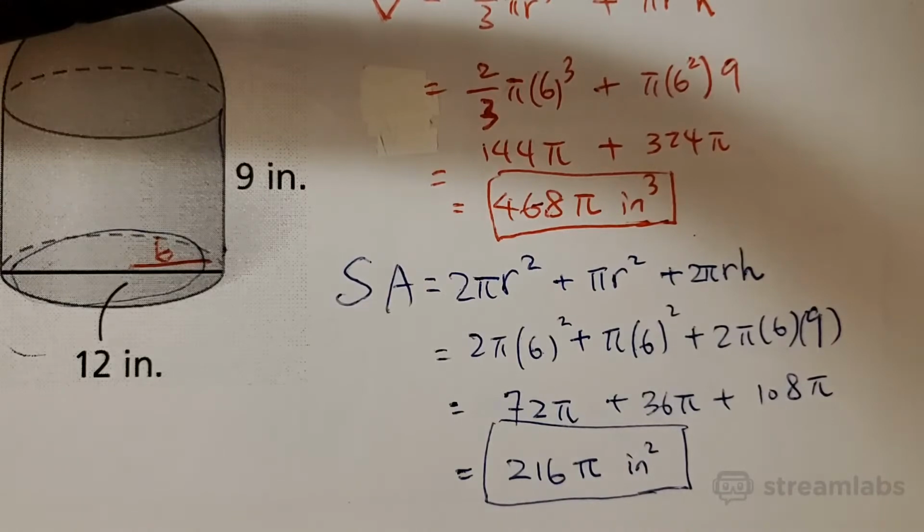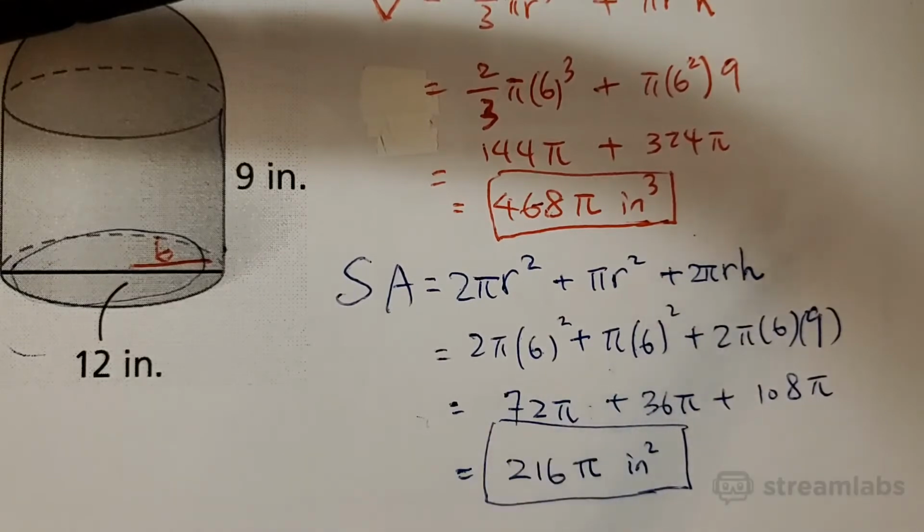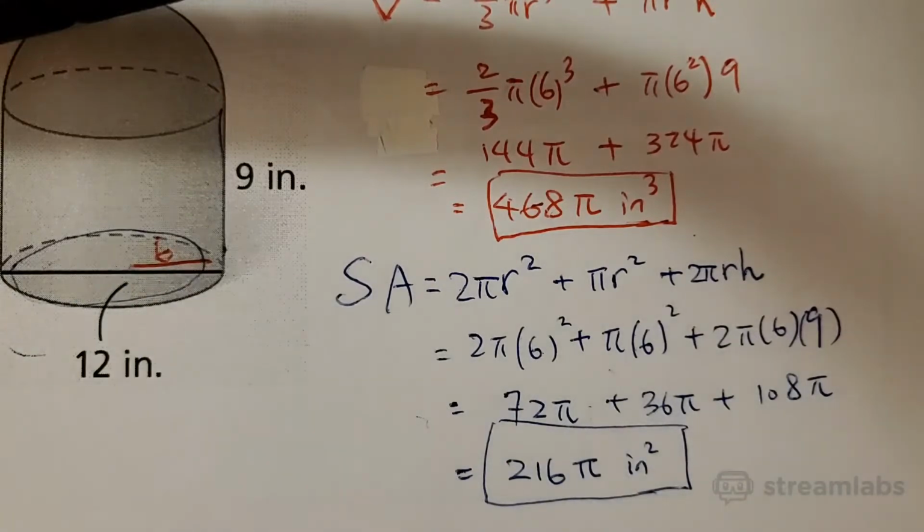452. Cohen, did you, what happened? Your answer is still a little small, I think. Did you add this base? There's a base in the bottom.